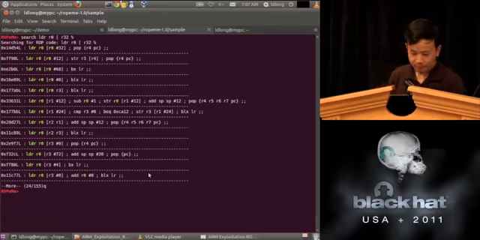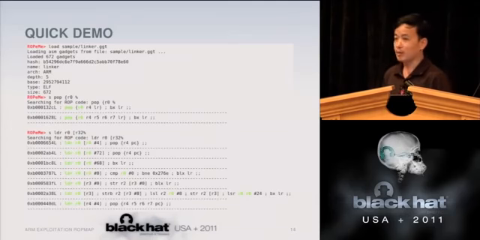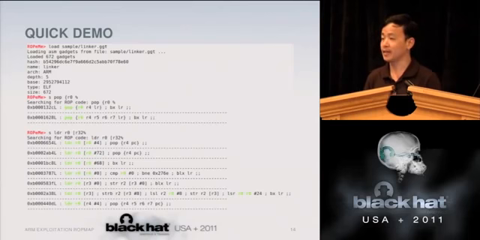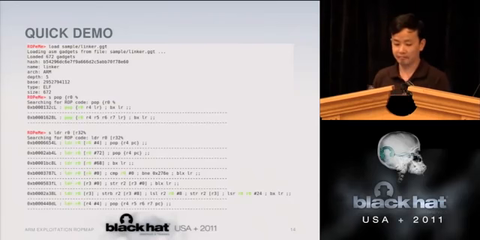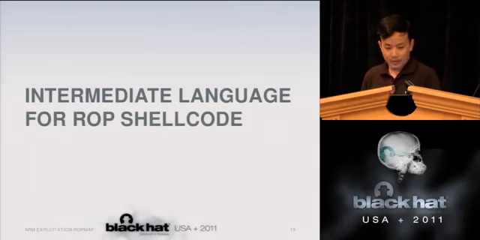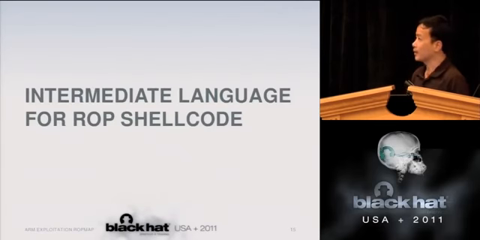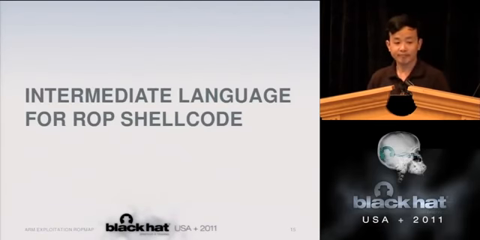But it will take you a lot of time to write the shellcode and the payload. And what we intend to present today is a way to do it automatically, so it can save you a lot of effort in the exploit development process. Next, we will present an intermediate language for ROP shellcode writing.